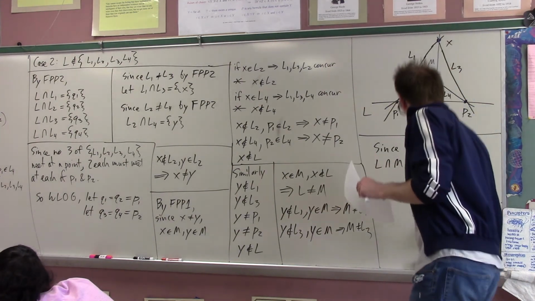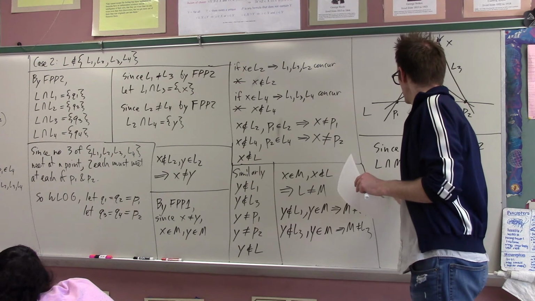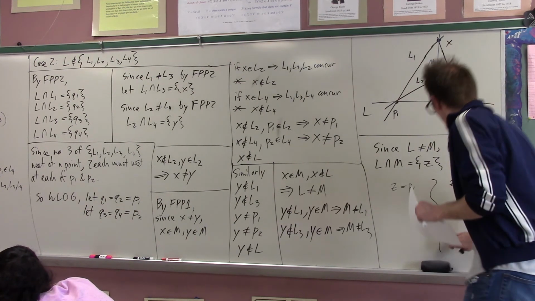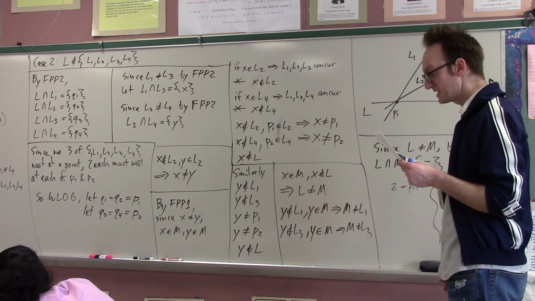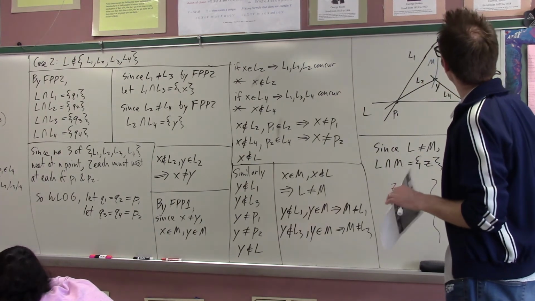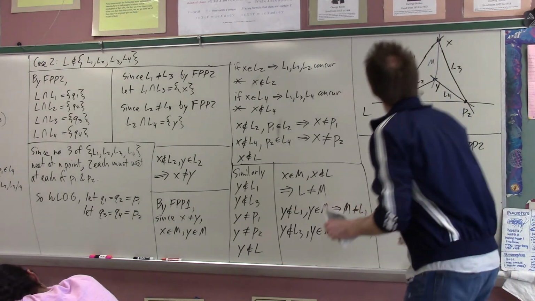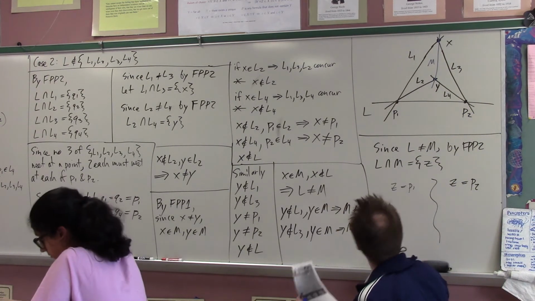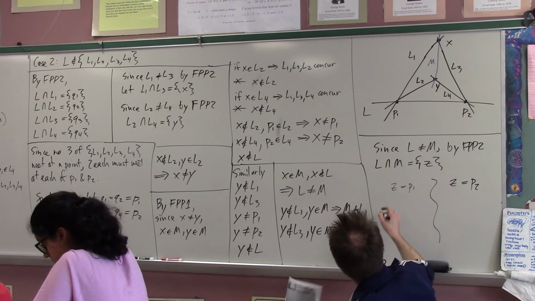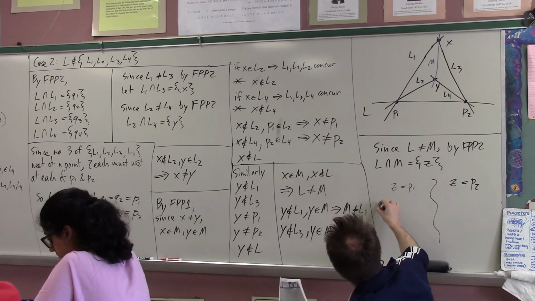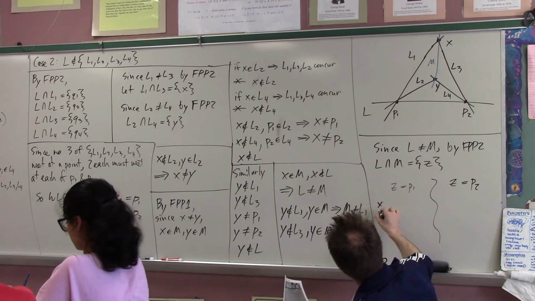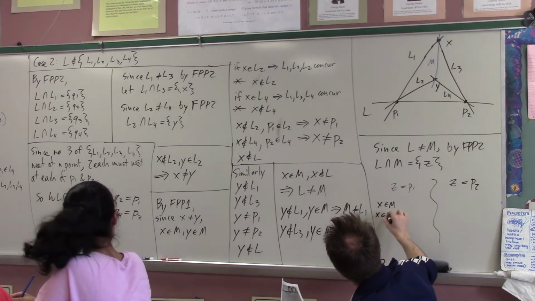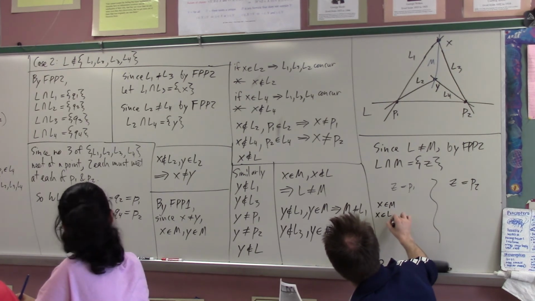What are my two possible options? Z could be P1 or Z could be P2. But both aren't possible. If Z is P1, what's wrong with that? Then we have X on M, and we have X on L1.